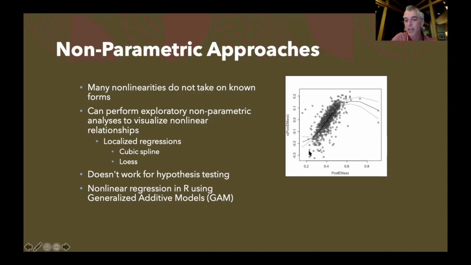Now, as I mentioned, this sort of spline or loess approach to visualizing nonlinear relationships in R is helpful to see what the relationship looks like, but it doesn't really help us to make any predictions because it's fundamentally non-parametric. We don't get parameters out of this relationship.